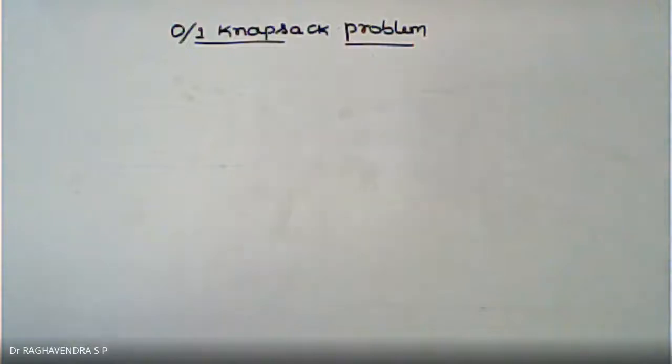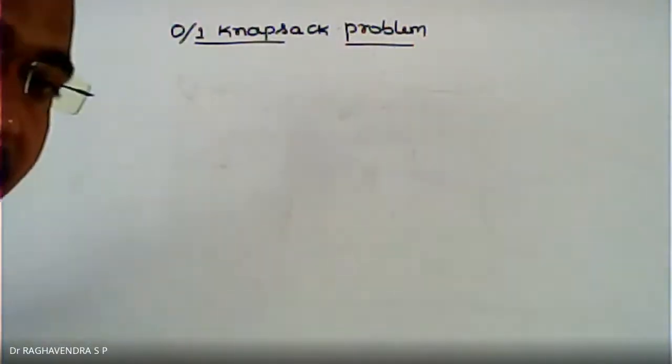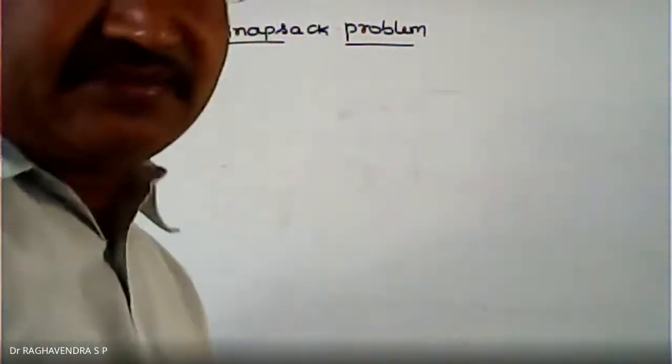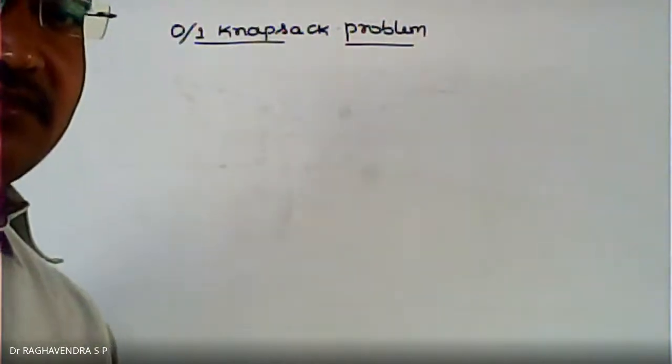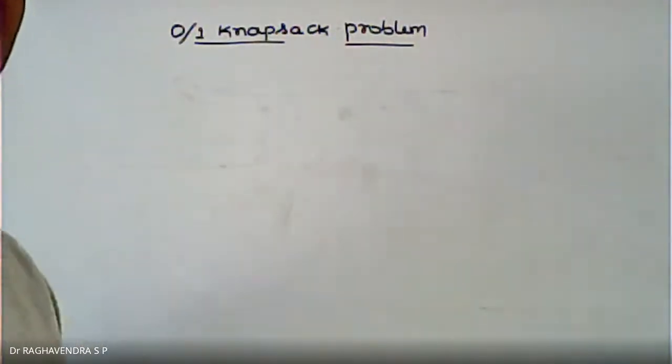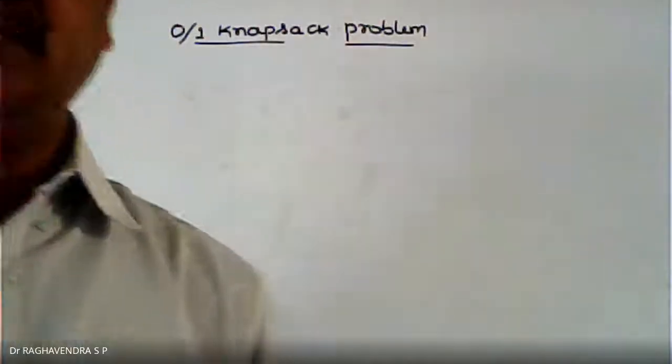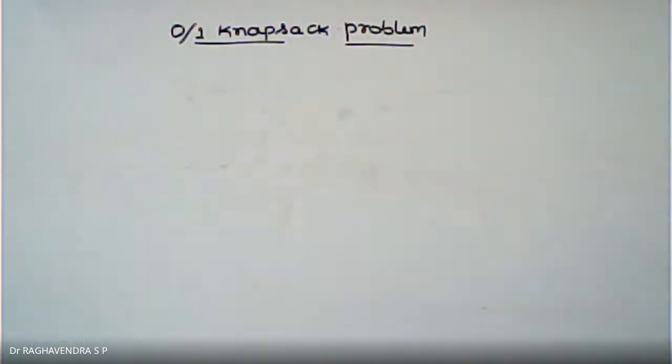Which is the variable for remaining capacity? Remaining capacity, bracket J. Very good.